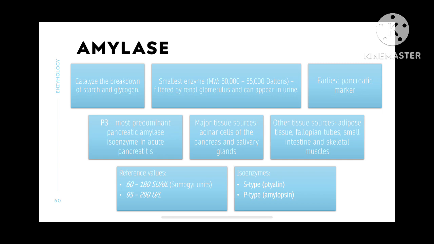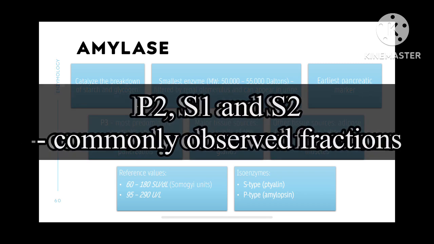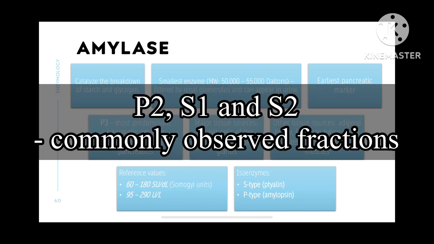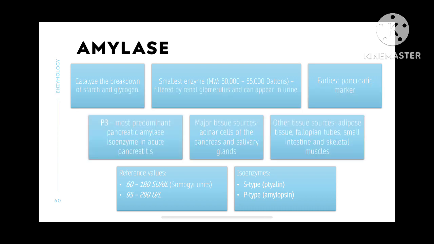And the most commonly observed fractions are P2, S1, and S2. In acute pancreatitis, there is typically an increase in P-type activity, with P3 being the most predominant isoenzyme.